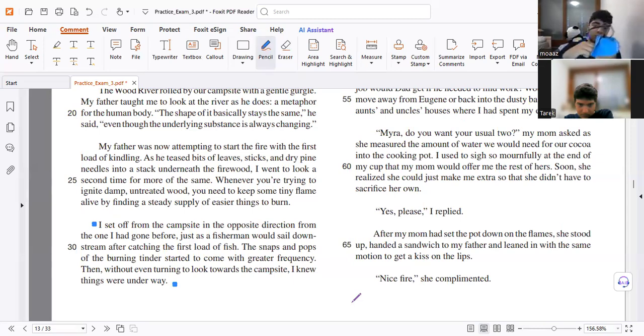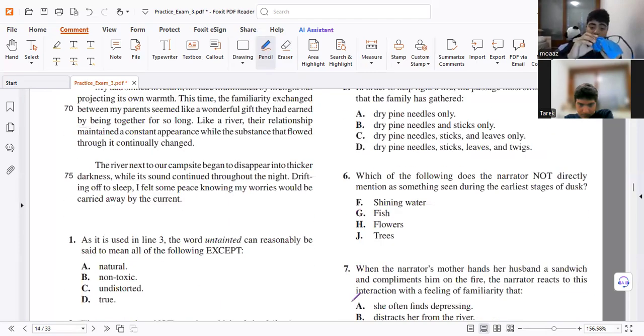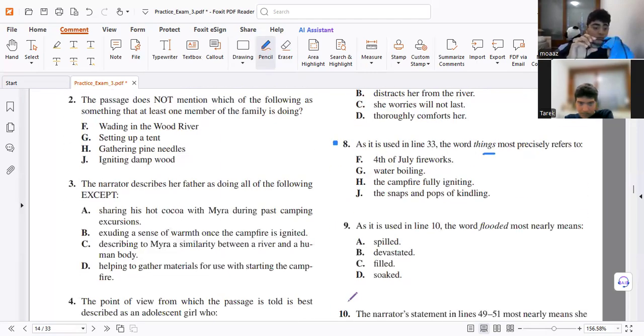We read very quickly, Tarek, because we need to check the answers. Now, what is the answer?